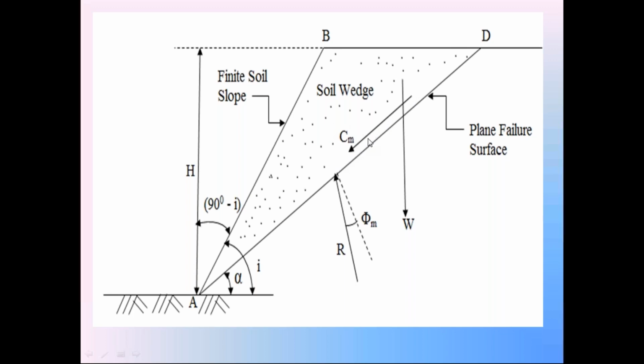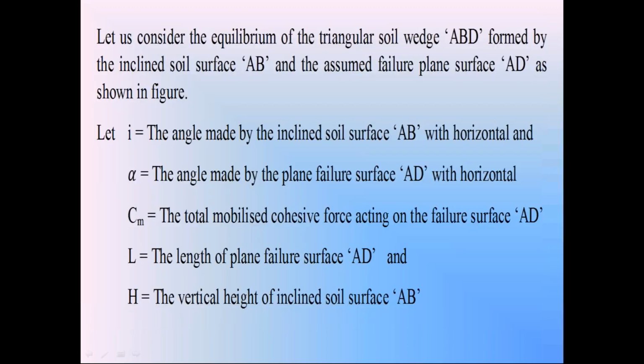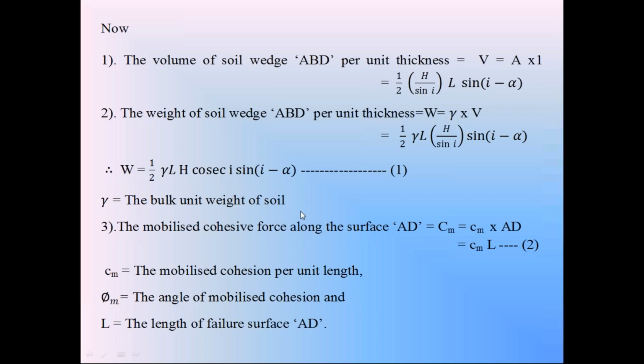That mobilized cohesion is equal to small cm, the mobilized cohesion per unit length, into the length of the surface AD. So the total mobilized cohesion force on the failure surface AD, capital Cm, is equal to small cm into length of AD surface.